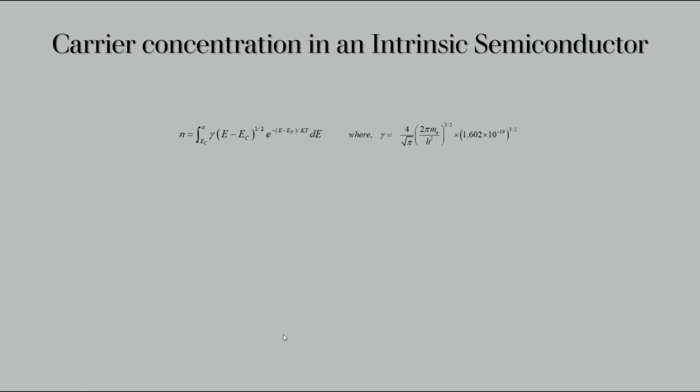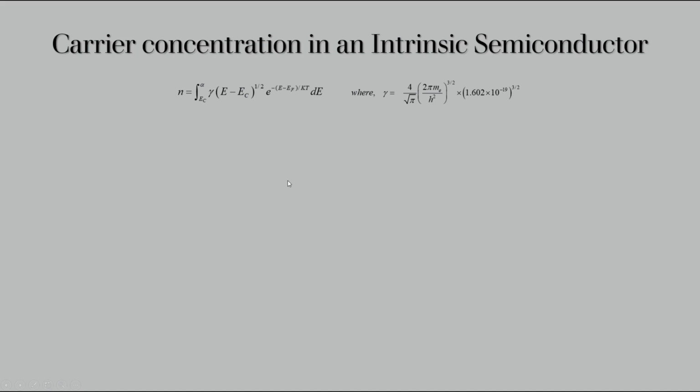Now moving on, if we consider E minus EC equal to KT times X, then this function will be given by this format, where as we can see, E minus EC is converted to KT X to the power half. Then E minus EF is converted using this formula.